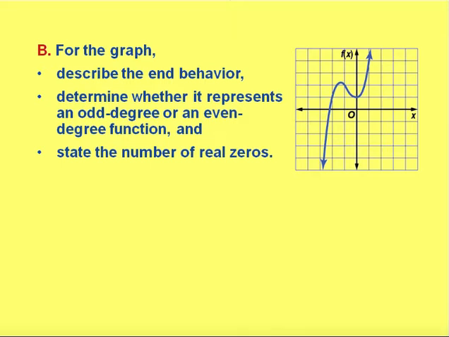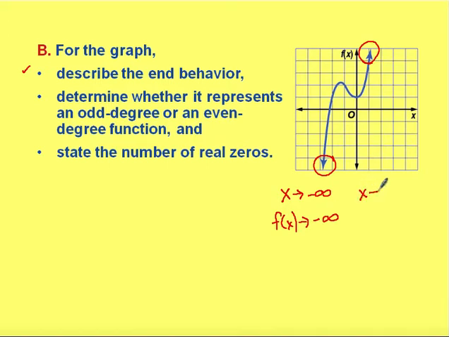For our next one, we can see that our ends are going in opposite directions. Now, if I describe the end behavior, I can say as x moves to negative infinity, the function goes to, I should write it underneath to make it a little bit easier to see. As x goes to the left, the function is moving down to negative infinity.